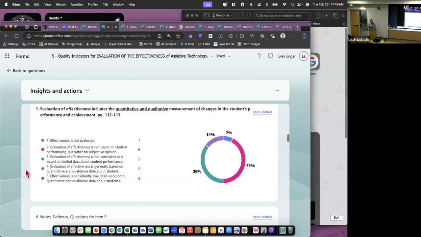The secret that I learned a long time ago, though, is whoever keeps the data gets to be right and take all the credit. So if you're the one keeping the data, you get to say, look. Here's a quick example. I had a student, a long time ago, and we were using a system that we try to never use anymore, more commonly known as the Picture Exchange Communication System, copyright.